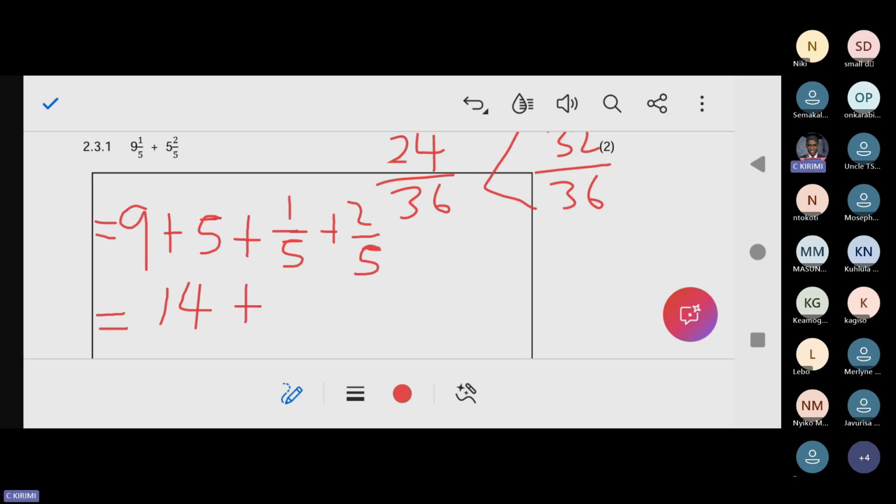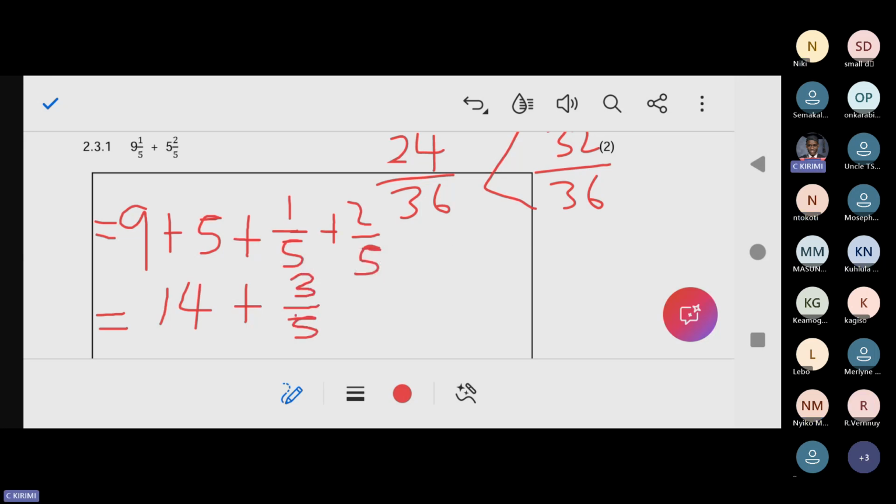Then now 1/5 and 2/5, you only add the numerators since the denominators are the same. You don't add the denominators. So what is 1 plus 2? 1 plus 2 gives you 3/5.